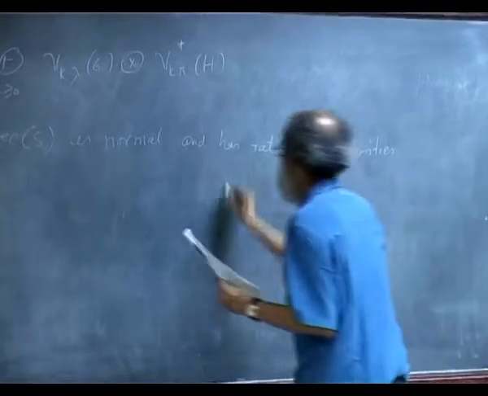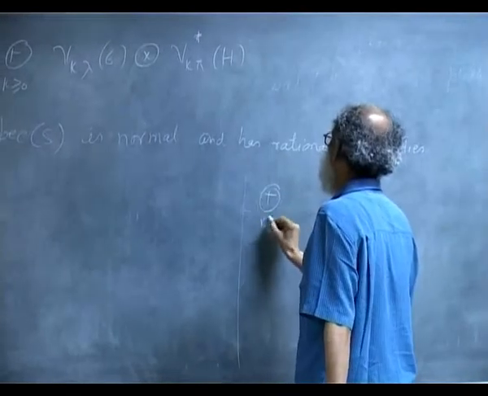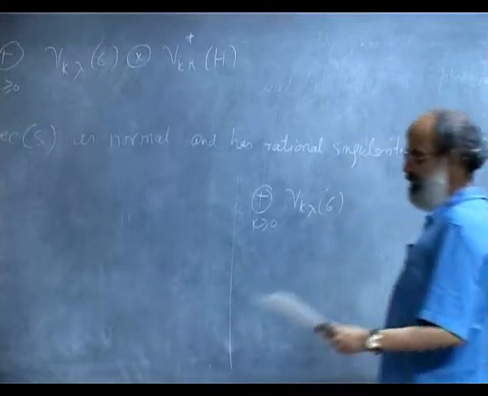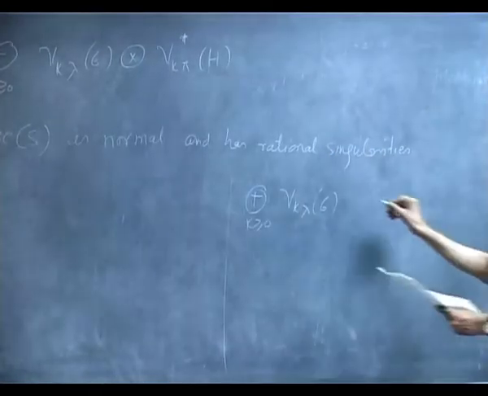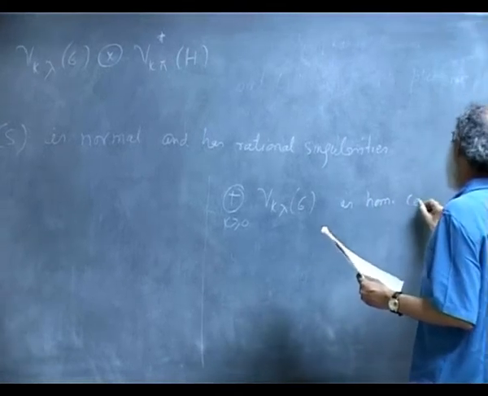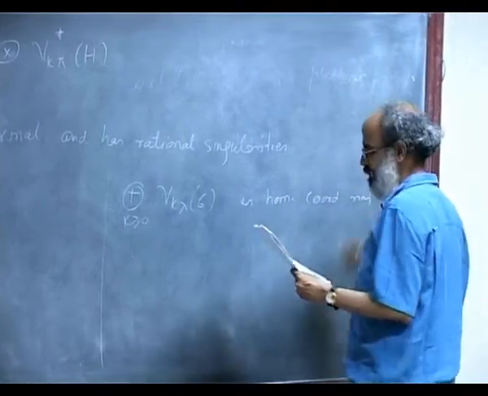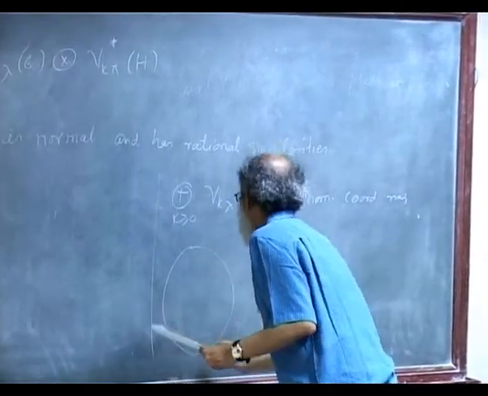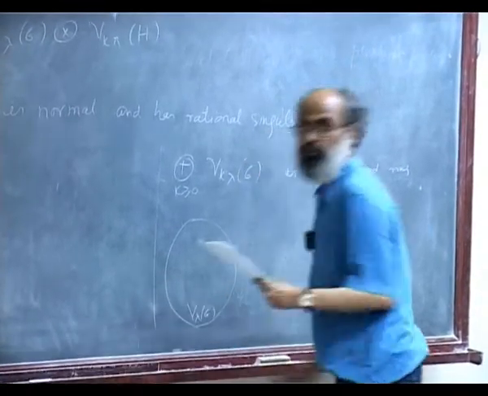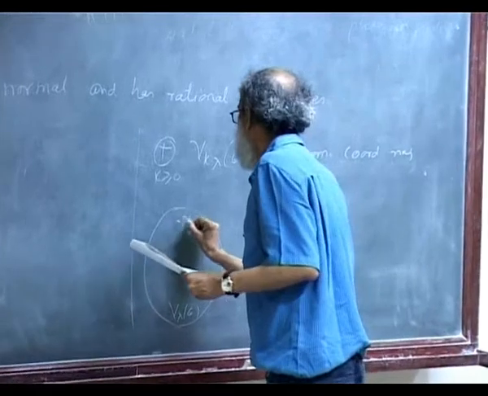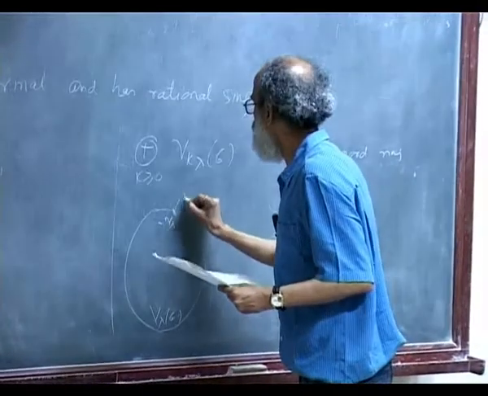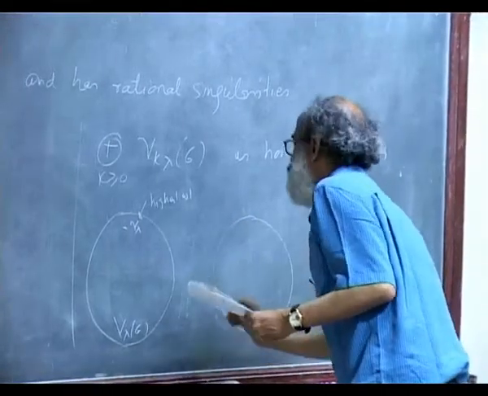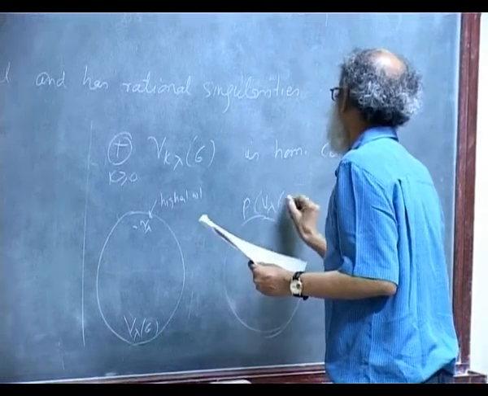First of all, let us see, for example, if you take k greater than or equal to 0, V_{k lambda}(G). Notice that this is the homogeneous coordinate ring of the following. Look at this representation V_lambda(G). If you take the highest weight vector in that, let us call it small v_lambda, then you take the projectivization P(V_lambda(G)).